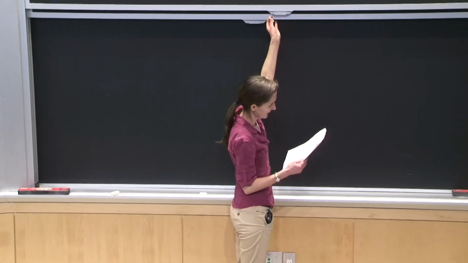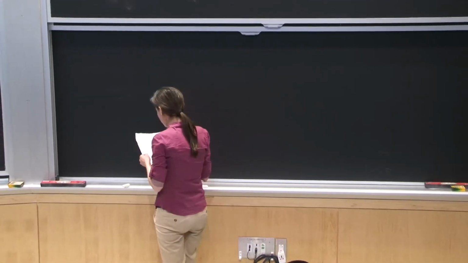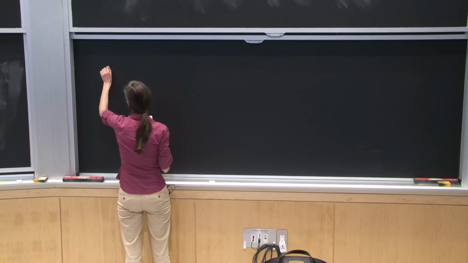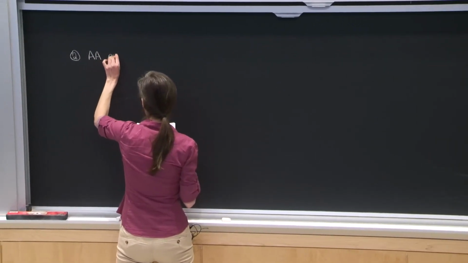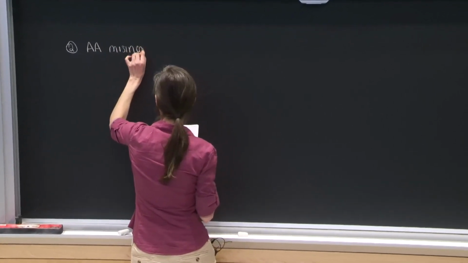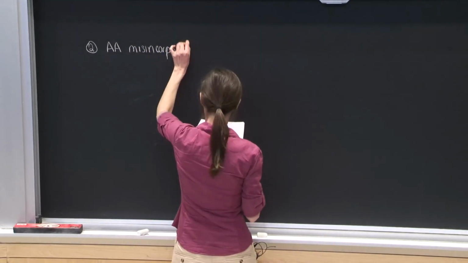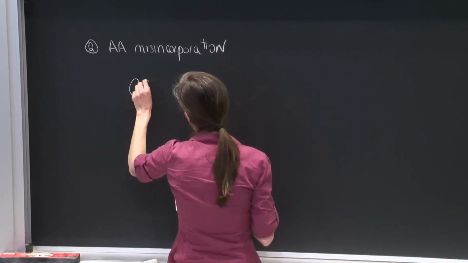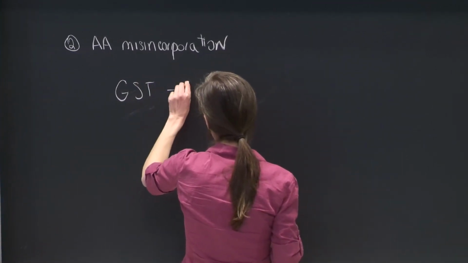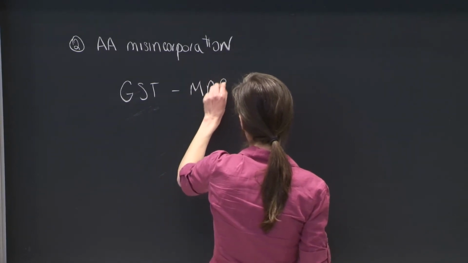And we'll close, I think, on this experiment. So the next experiment is amino acid misincorporation. Again, what they did is they used this GST MBP fusion protein.